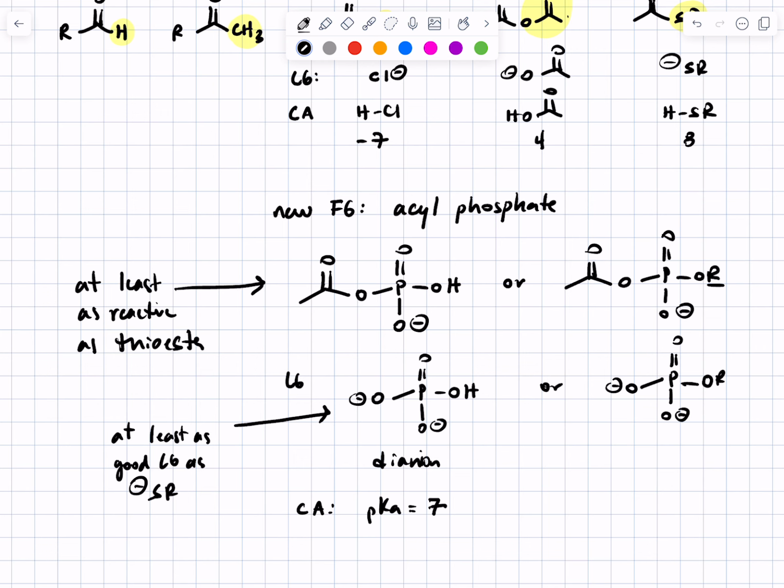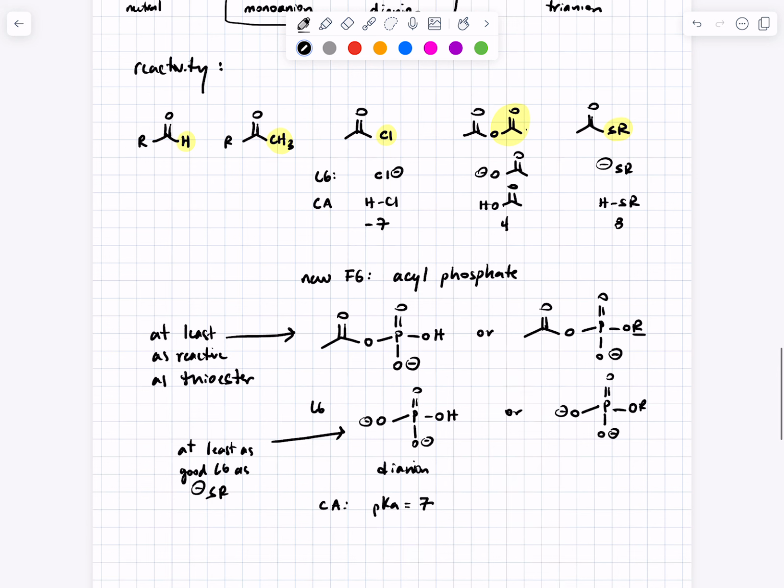And indeed, you will see later on in this semester that nature will use acyl phosphates to do nucleophilic acyl substitution reactions very similar to how nature will use thioesters. So this is a new type of functional group you're going to see in the future. You need to be comfortable looking at the phosphate and saying, okay, that's probably a decent leaving group.